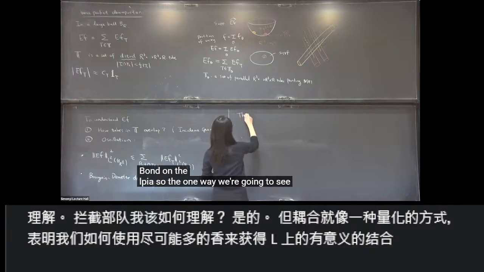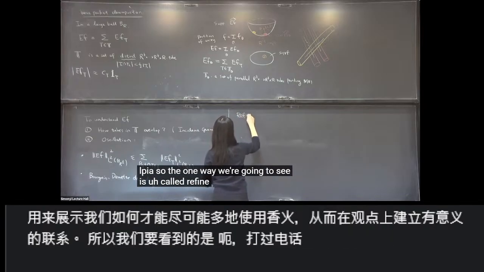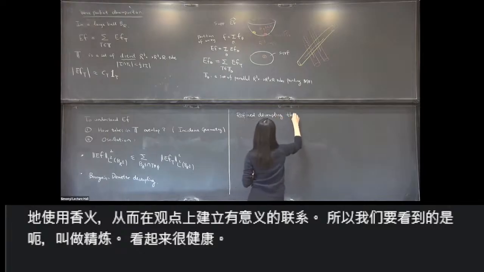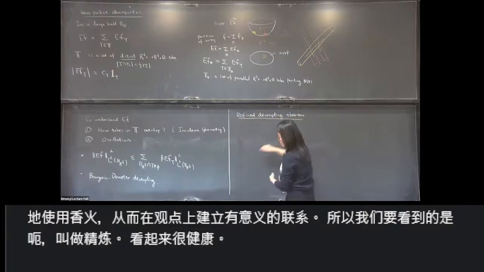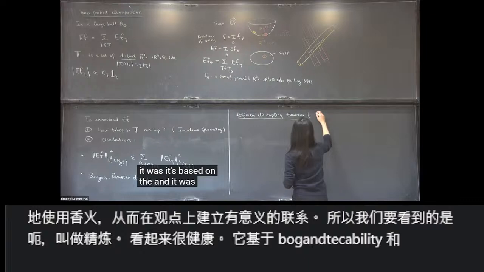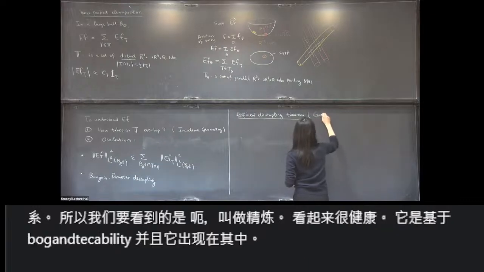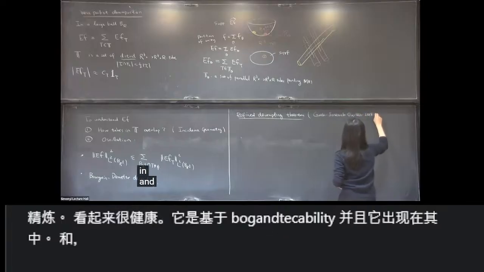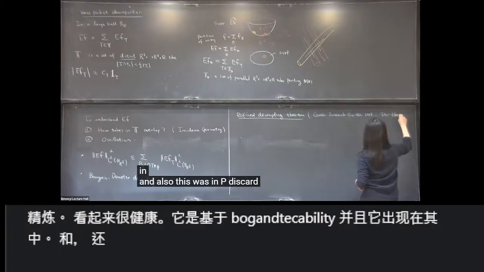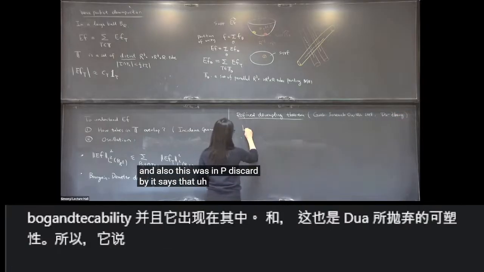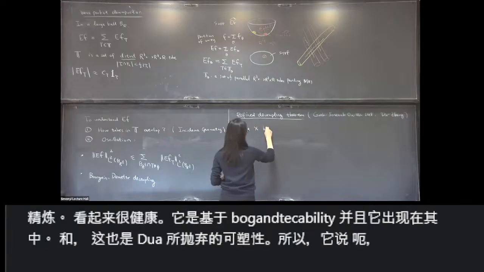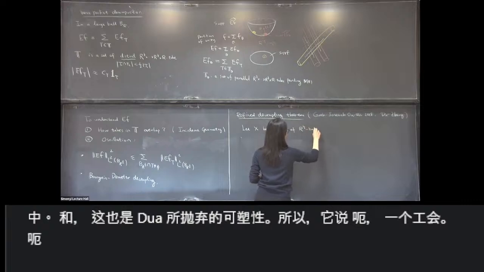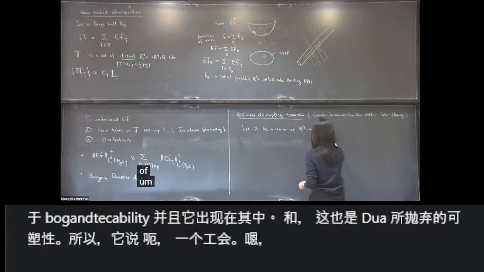So the one we're going to see is called refined decoupling. It's based on the Bourgain-Demeter decoupling, and it appeared in a joint work with and also this was independently discussed by Du and Zhang. It says that, let X be a union of R to the 1/2 balls.